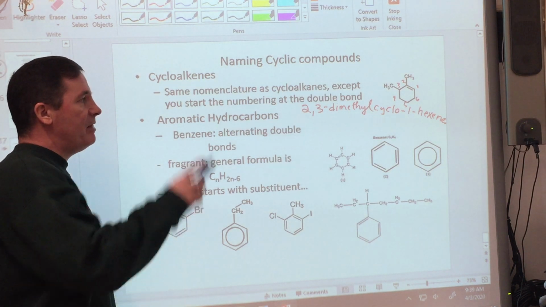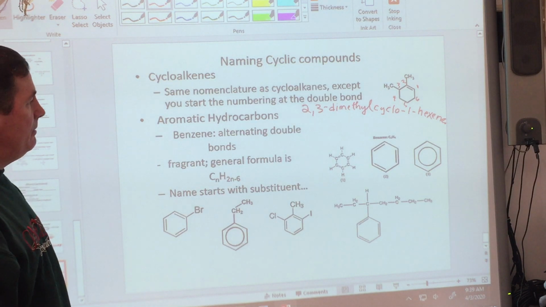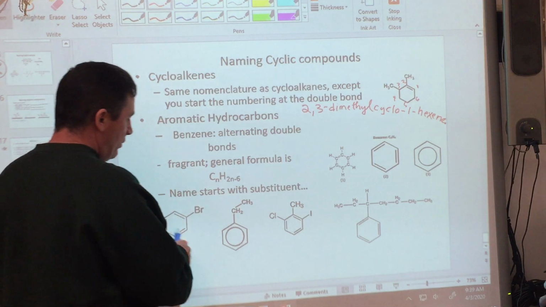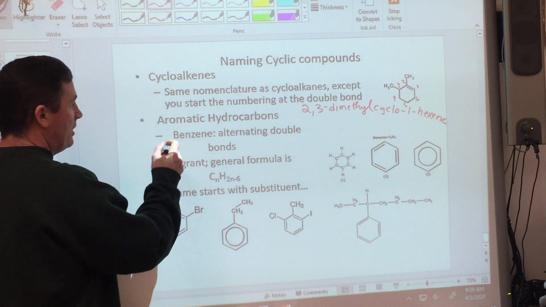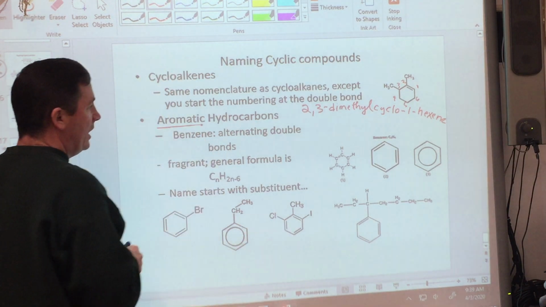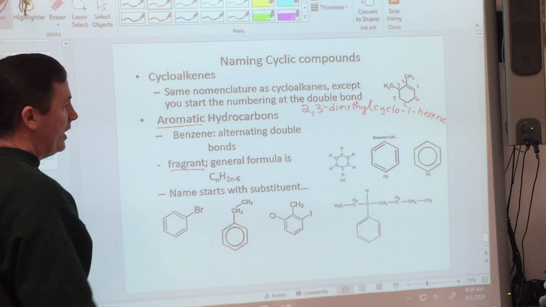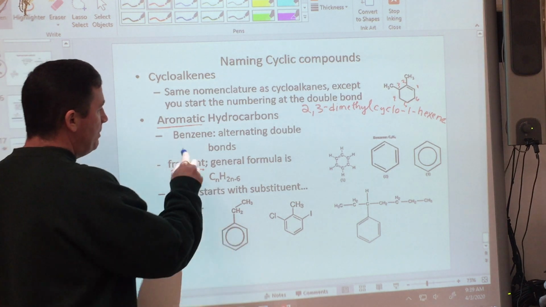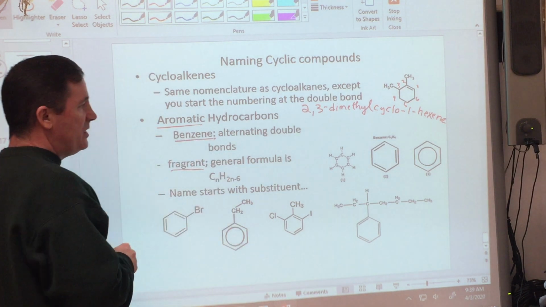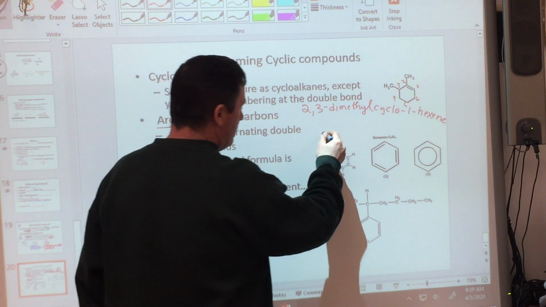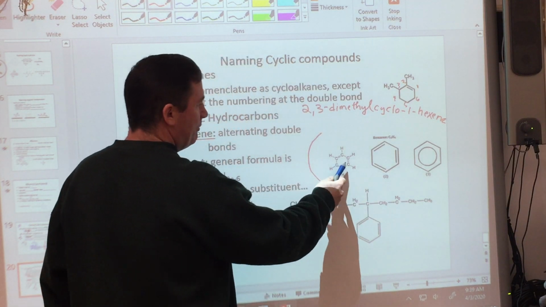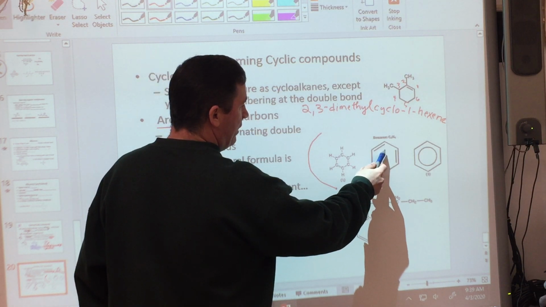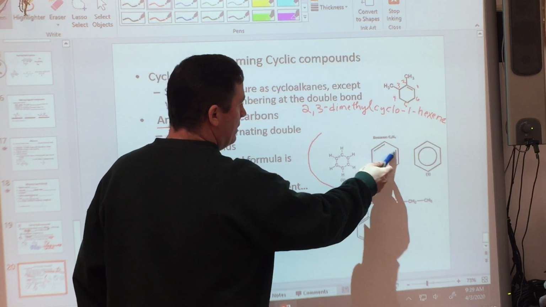Now, are you going to get something that complicated? Probably not. All right, aromatic hydrocarbons, they're going to have the ring of benzene in here. And let's take a look at aromatic. Aromatic indicates that it has some sort of fragrance that goes with it. Okay? There's a special molecule called benzene. And these are the three forms of benzene. You'll see it written with all the carbons and hydrogens. You'll also see it just written like that with alternating double bonds.